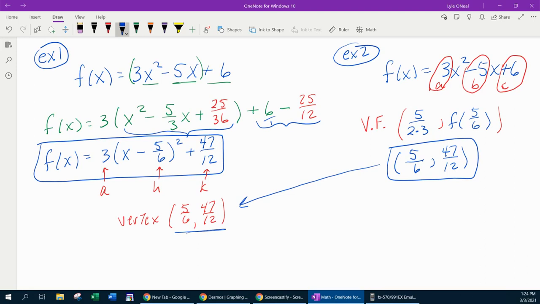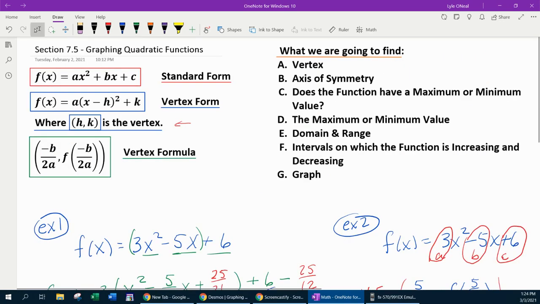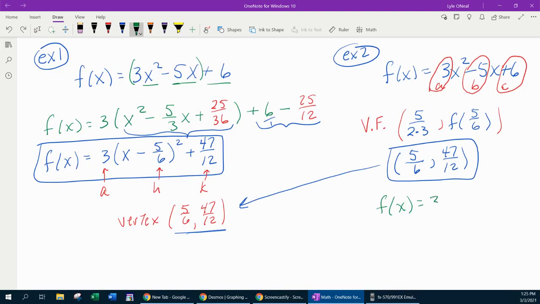Now, to write the vertex form, once you have the vertex, again, that is very easy. We're just going to say f of x equals, vertex form says a x minus h squared plus k. So a is 3, x minus h is 5/6 squared plus k 47/12.